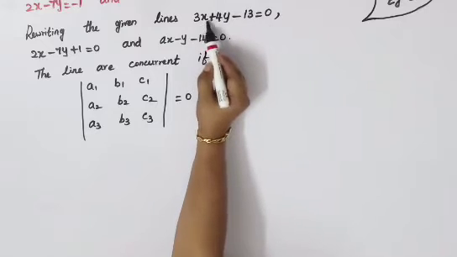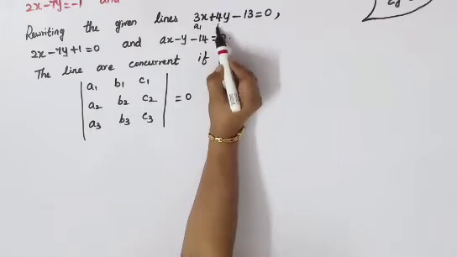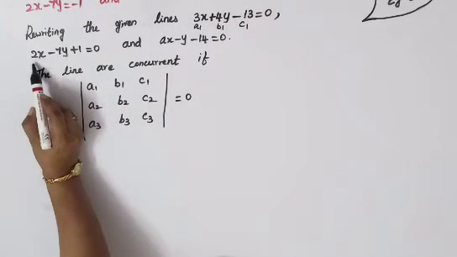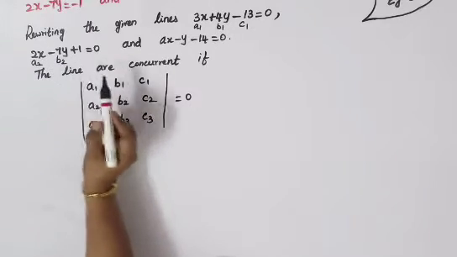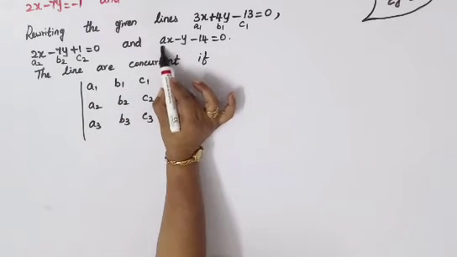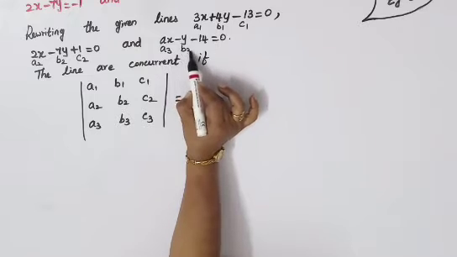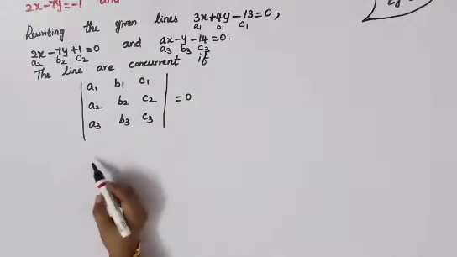In the first line, the coefficient of x we write as a1, coefficient of y is b1 and your constant is c1. Same way in your second line, this is a2, b2, c2. And for your third line, coefficient of x is a3, coefficient of y is b3 and your constant is c3.